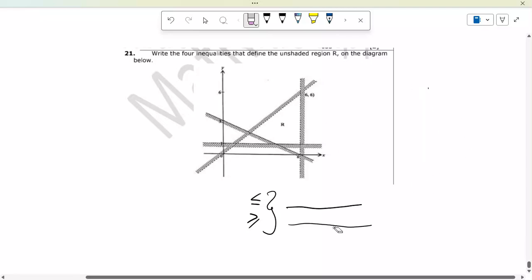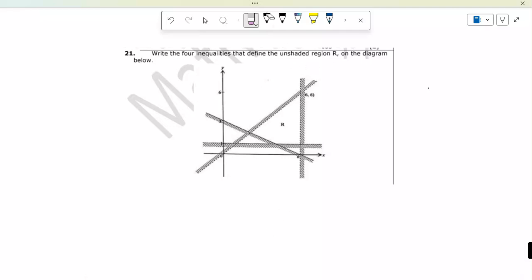How many lines do we have which are defining R? We have this one, this 2, this 3, and this 4.